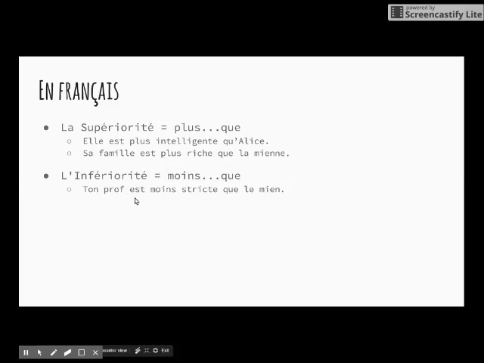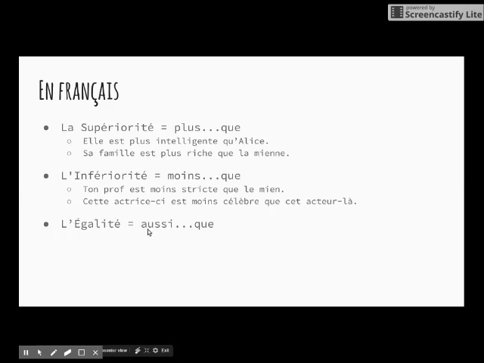Être, le verbe être, moins adjectif strict que le mien. Ici, cette actrice-ci est moins célèbre que cet acteur-là. Voilà, on utilise être, moins adjectif que pour l'infériorité.